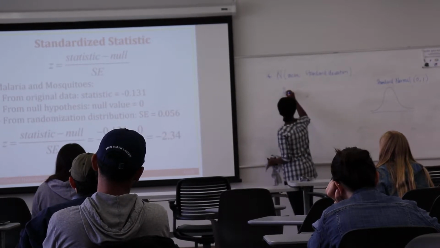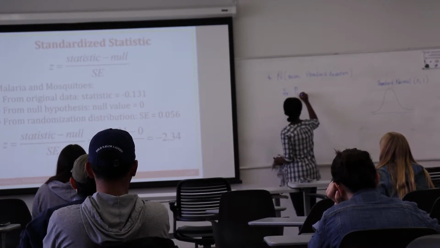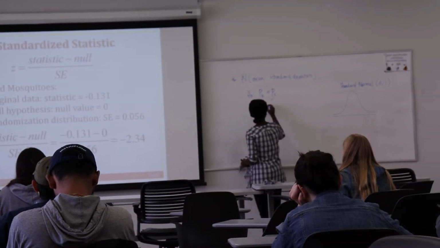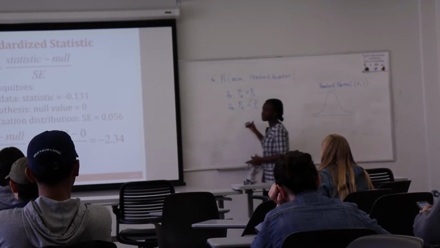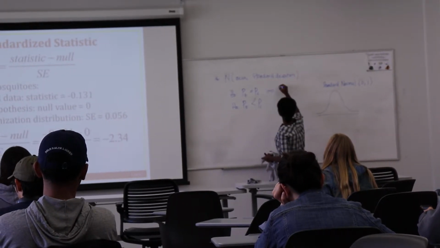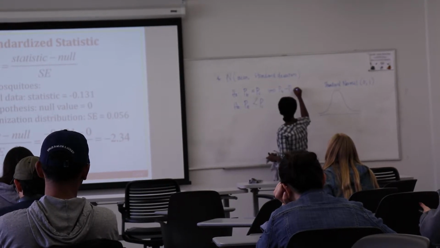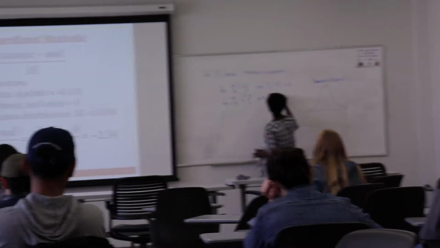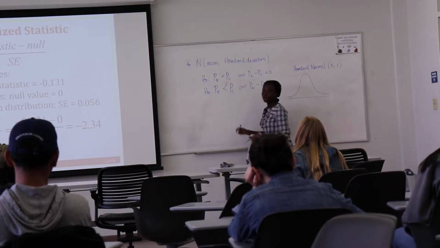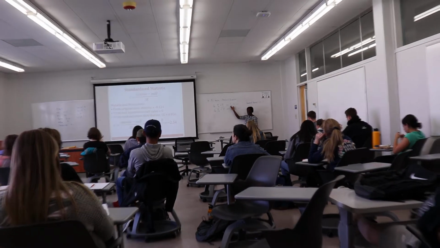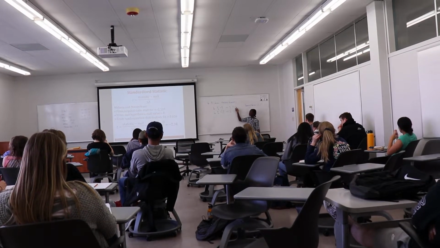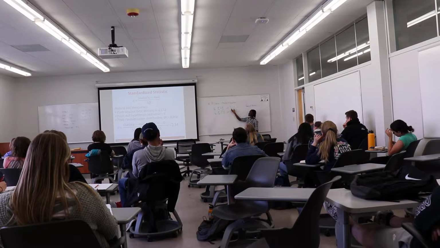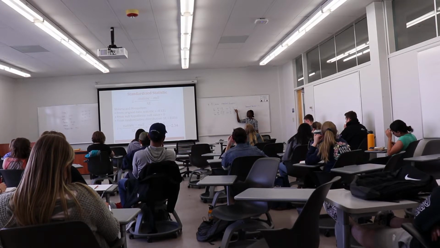We wrote the null hypothesis this way, which is the same as writing it this other way. So from the null hypothesis, the null value is equal to 0, which means it's centered at 0.